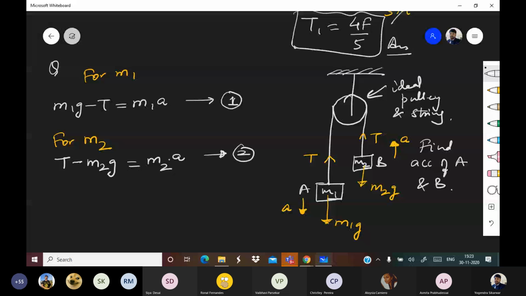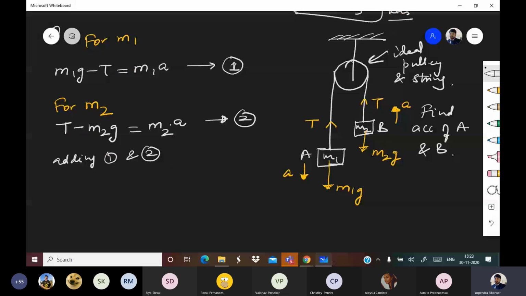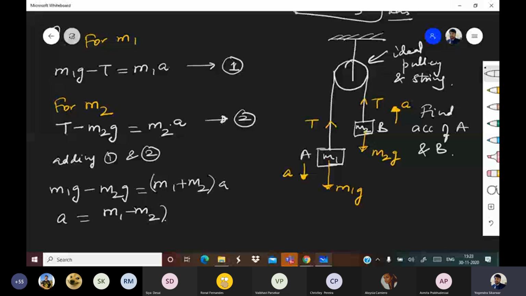Adding 1 and 2, what we get is M1G minus M2G is equal to (M1 plus M2) into A, and that gives us A is equal to (M1 minus M2) into G upon (M1 plus M2). Okay, so that will be the answer.